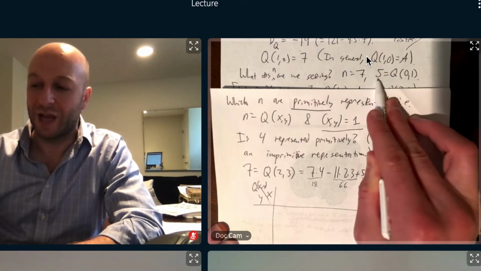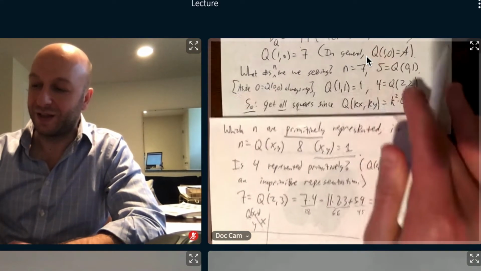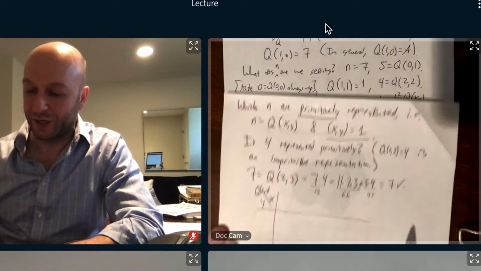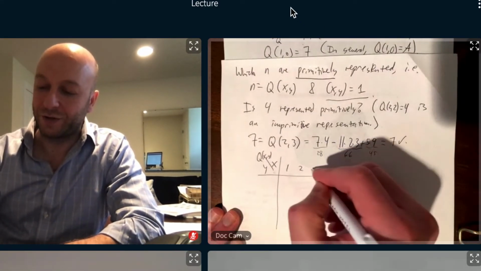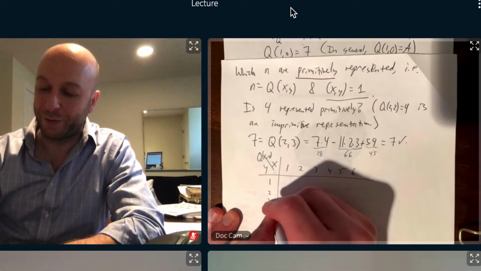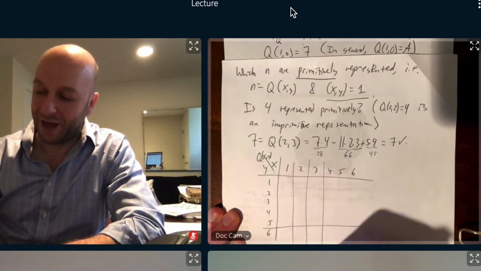So any square times 5 is going to be there, right? For the same reason, the square of a represented number is going to be represented. So I don't want to start at 0, I'll start at 1. x is 1, 2, 3, 4, 5, 6, and y is 1, 2, 3, 4, 5, 6. Let's just see what we get.